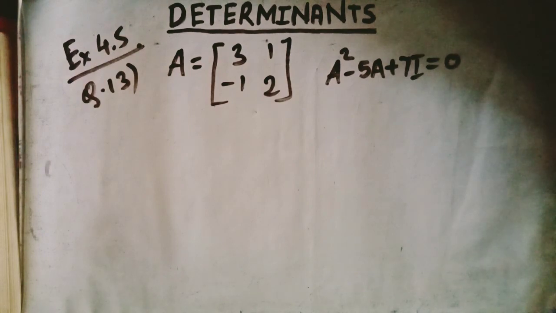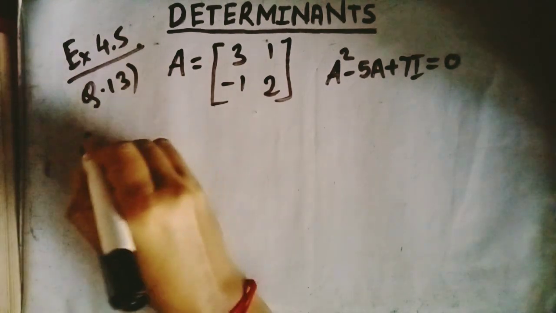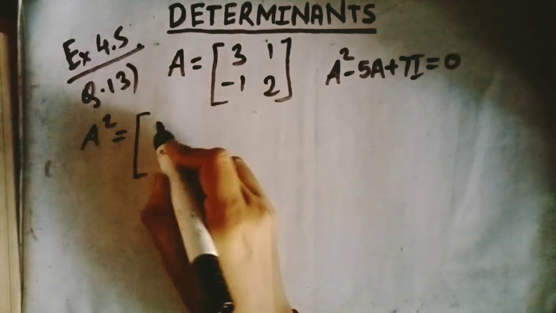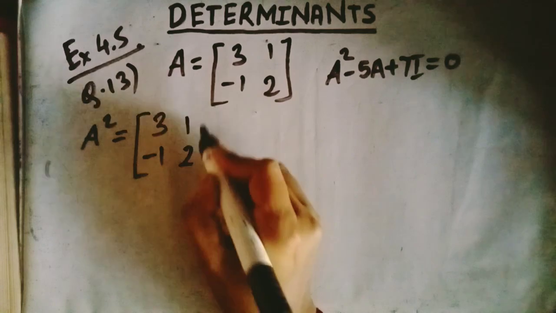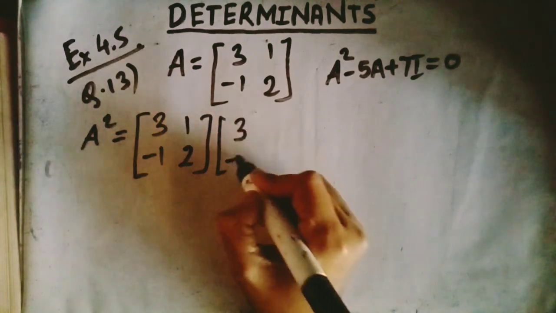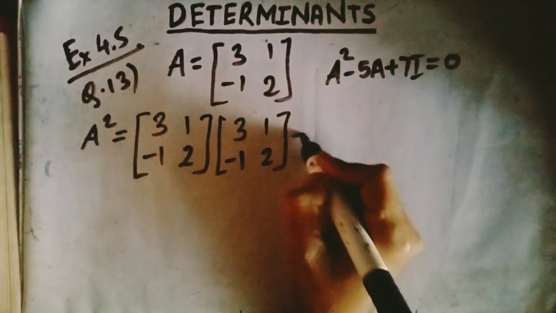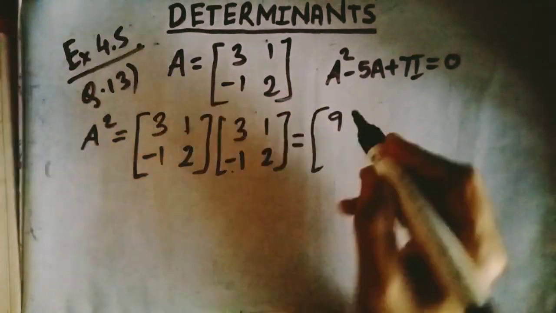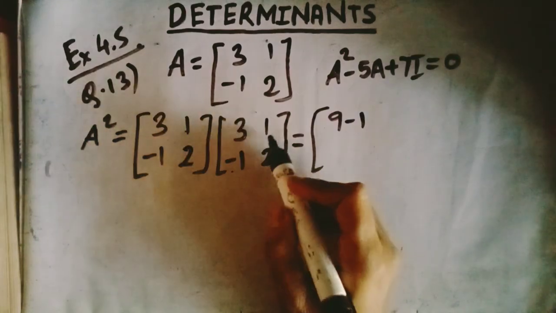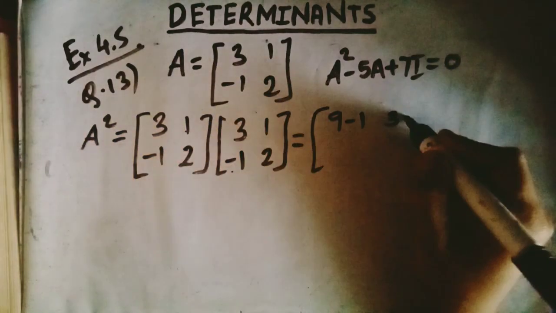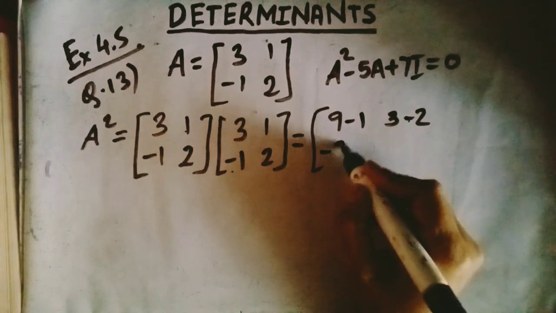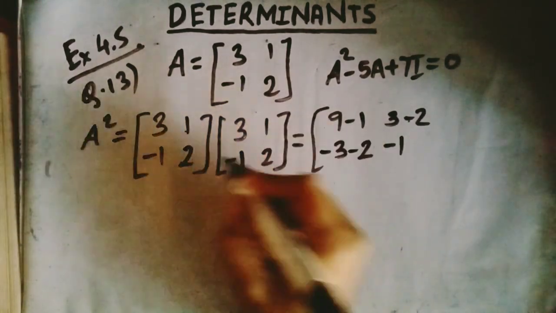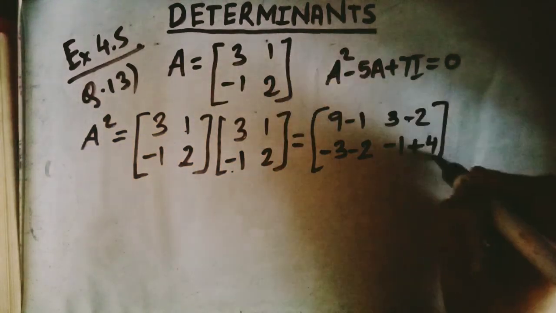First you have to find out A square. So A square is A into A. 3 3s are 9, minus 1, 3 minus 2, minus 3 minus 2, minus 1, 4.